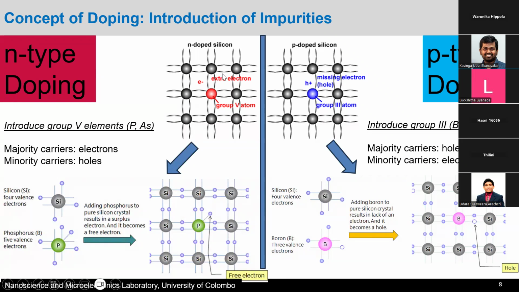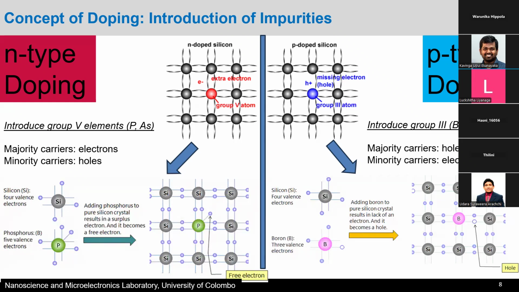And now we replace one silicon atom with phosphorus, and phosphorus has 5 electrons in its outermost shell. So then 4 electrons are now shared with other silicon atoms, and 1 electron is free to move, right? So as you can see here, it has 5 electrons, 1 is free to move, and this free electron can then conduct electricity. And depending on the amount of phosphorus that we add into the silicon crystal, we can modulate the conductivity of the silicon crystal.